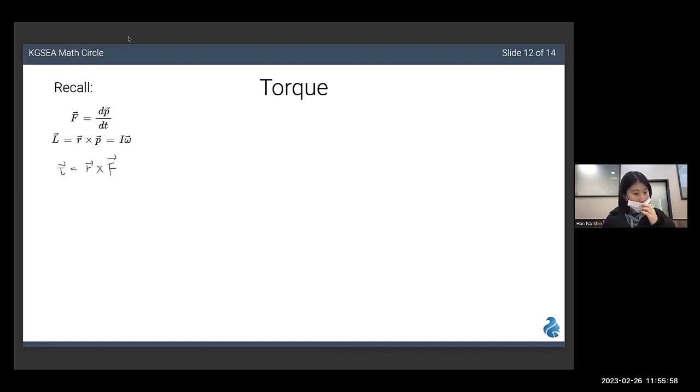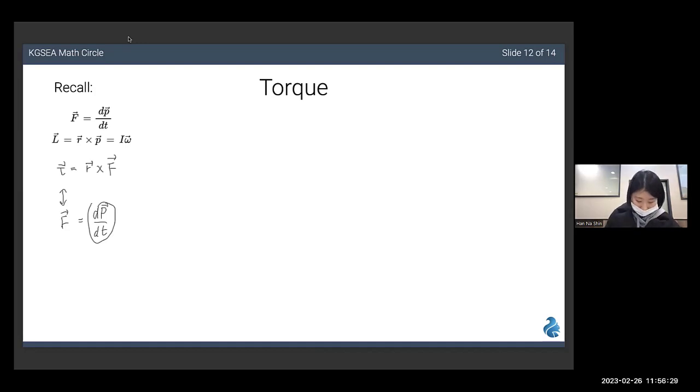Now, because we've already established that torque is parallel to force, and we know that another definition of force is dp dt, change in momentum, we can actually use our understanding of momentum to find another equation for torque.